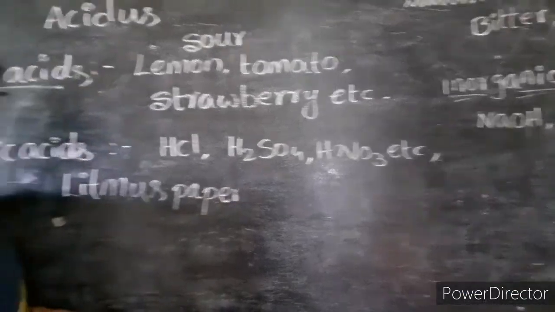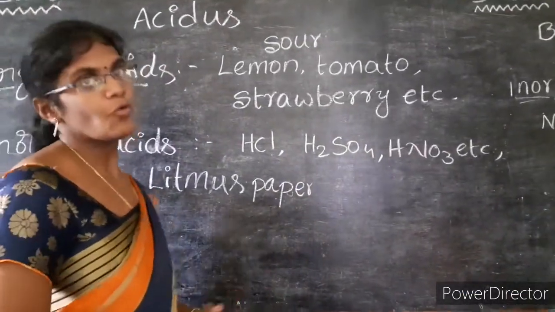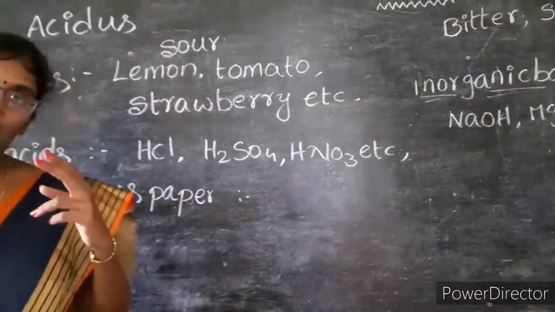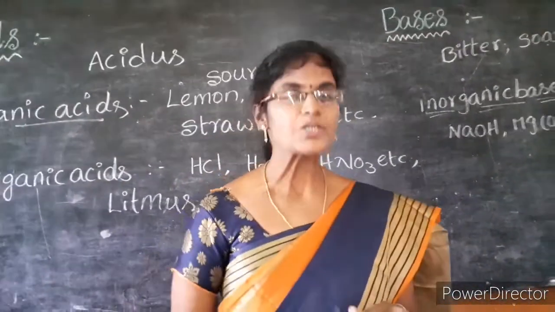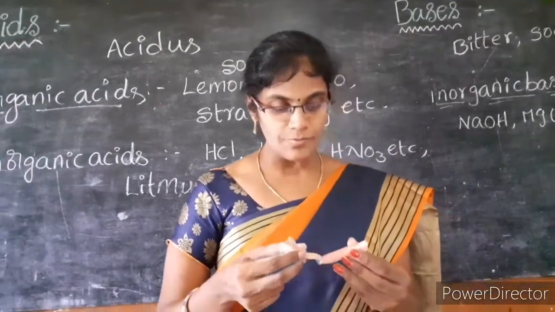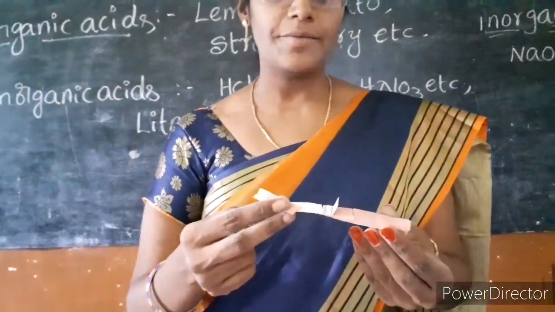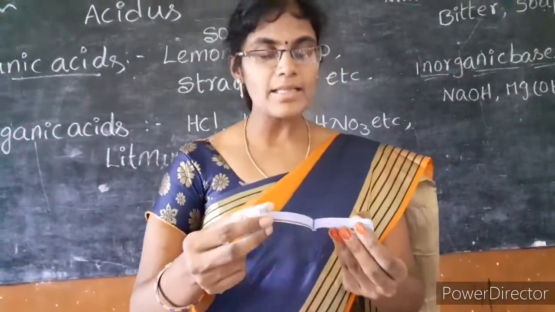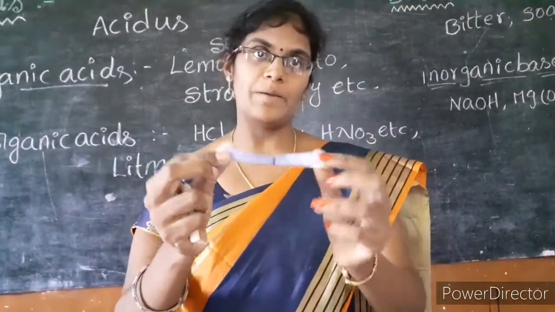We have a lot of indicators. Litmus paper is also one of the indicators. Litmus paper is of two types. One is red litmus paper, and another one is blue litmus paper.